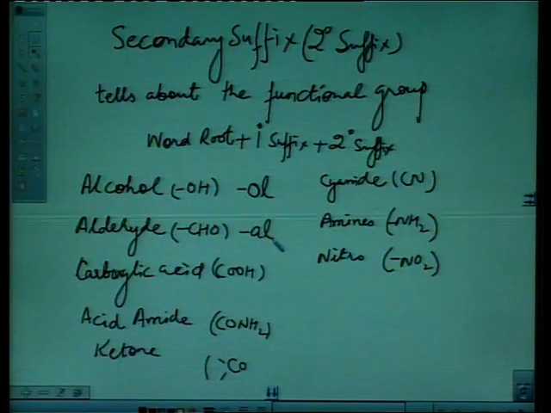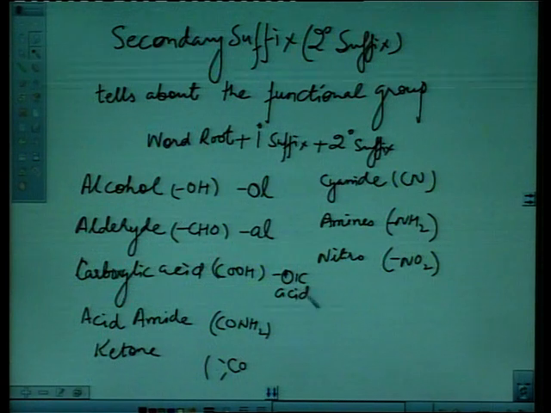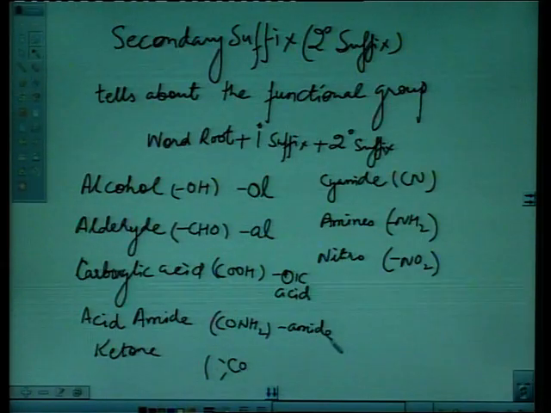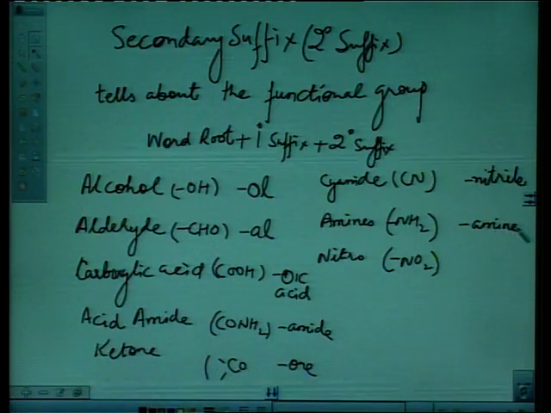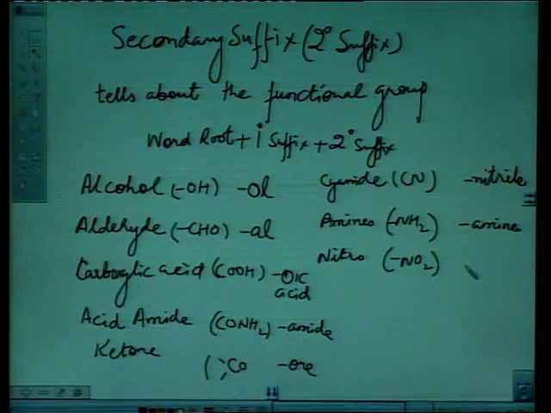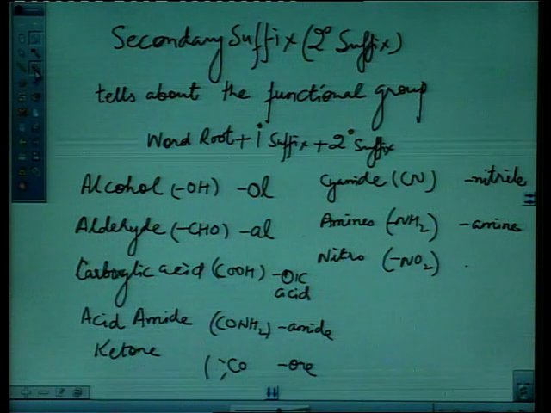For carboxylic acid the secondary suffix is oic acid, and for acid amide the secondary suffix is amide. For ketone the secondary suffix is -one. For cyanide the secondary suffix is nitrile. For amino the secondary suffix is amine. Nitro is not given as a suffix, it is made a prefix.